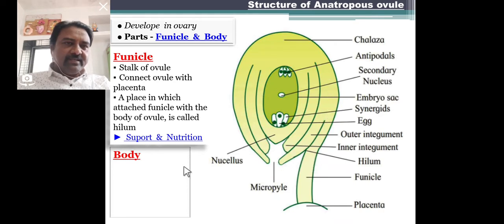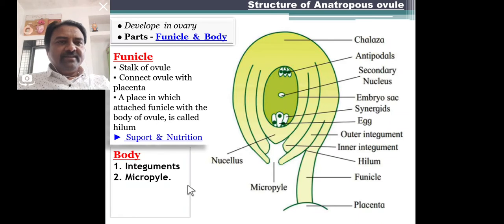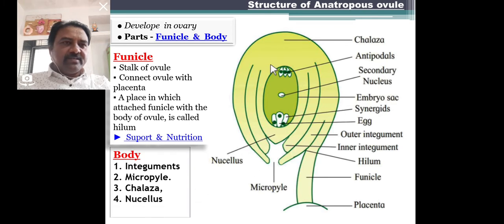The body consists of 5 different parts. First one is the integument. These are the integuments here, labelled outer and inner integuments. Second one is the micropyle, here clearly seen. Third one is the chalaza. This one is the chalaza part of the ovule body. Next is the nucellus.